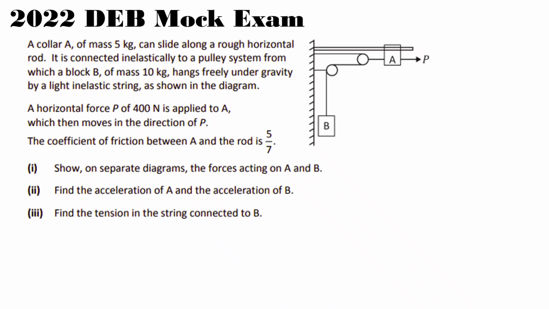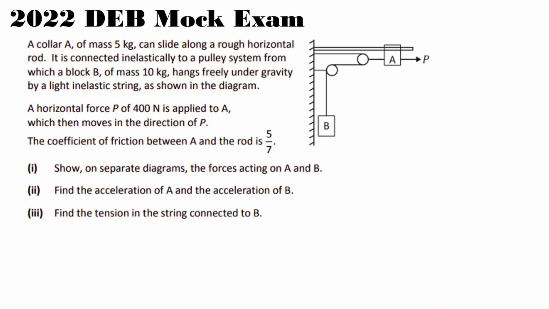So this is the question from the 2022 DEB mock exam. A collar A of mass 5 kg can slide along a rough horizontal rod. It is connected inelastically to a pulley system from which a block B of mass 10 kg hangs freely under gravity by a light inelastic string as shown in the diagram.